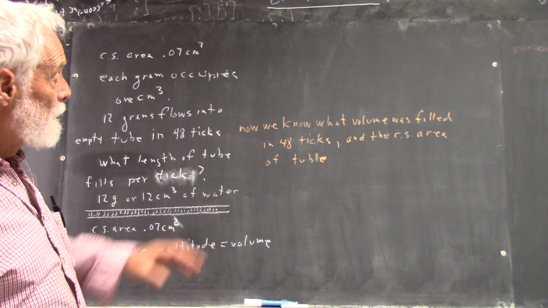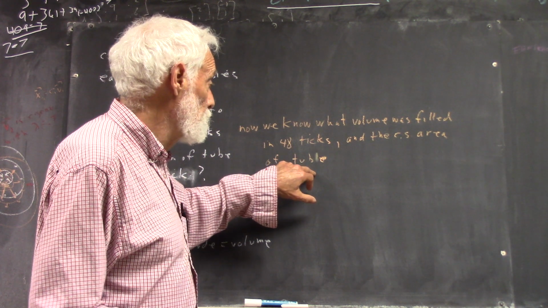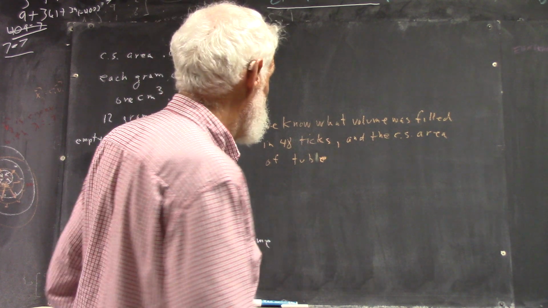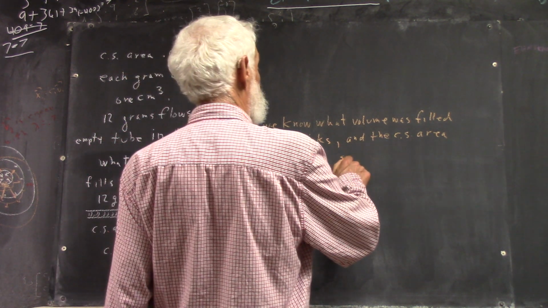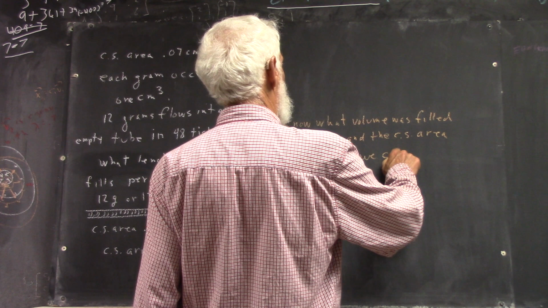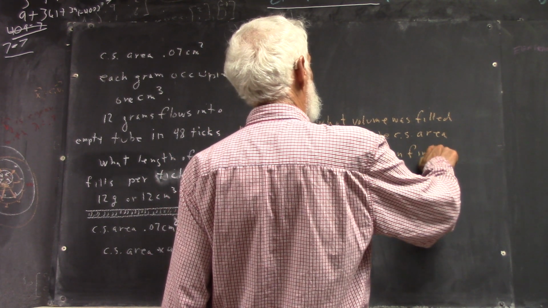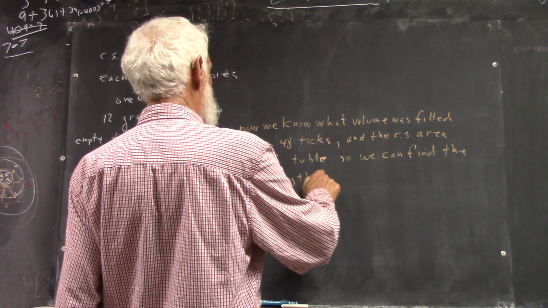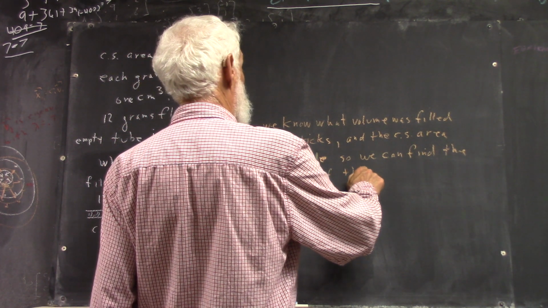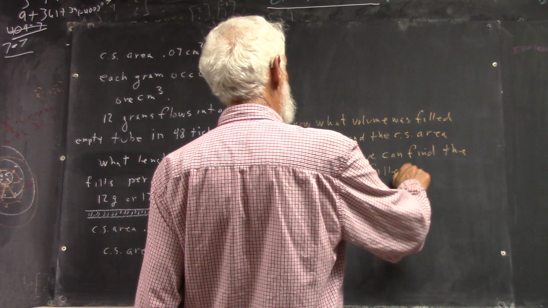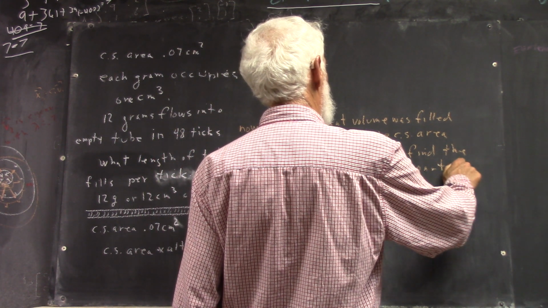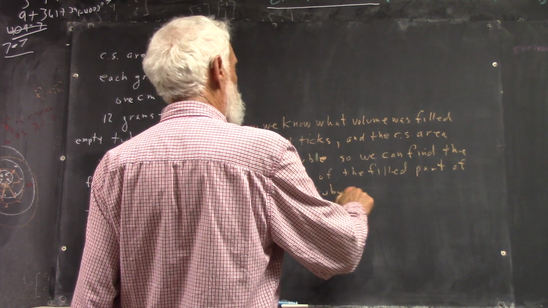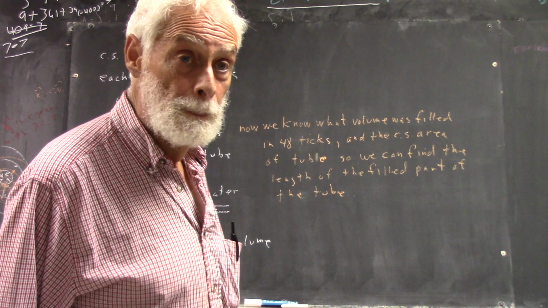Okay. So that aside, we know the volume filled in 48 ticks and the cross-sectional area of the tube. So we can find the length of the filled part of the tube, can't we?